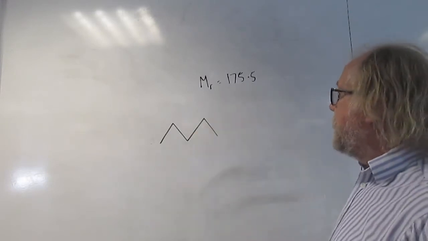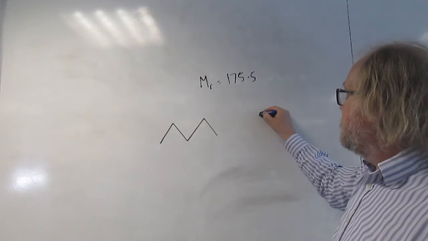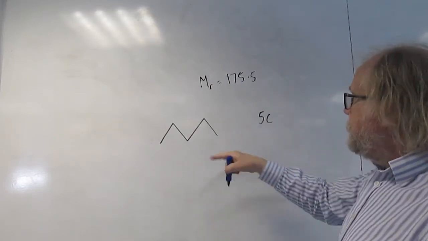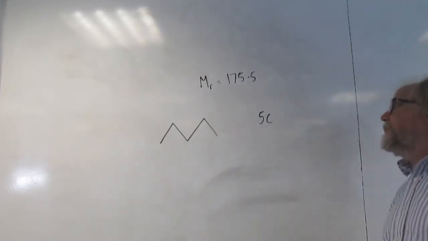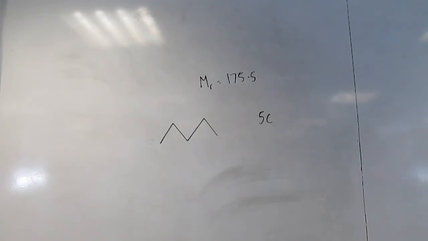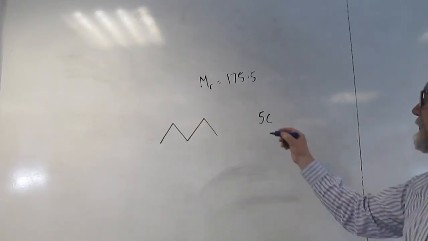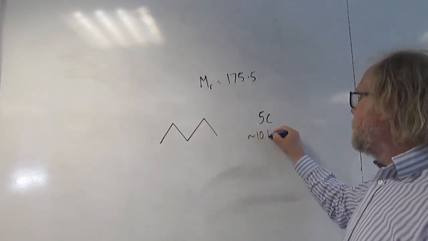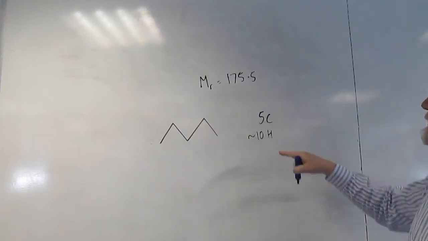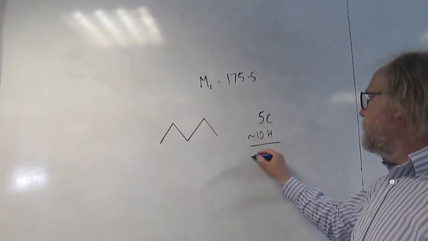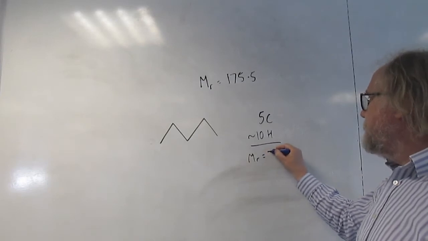So we've got 5 carbons in the structure, and we're going to have somewhere in the region of 10 hydrogens, because it's C5H12. So if we substitute 1 or 2 or 3, it's going to be roughly 10 hydrogens. So 5 12s are 60 plus 10 gives us an Mr of about 70.